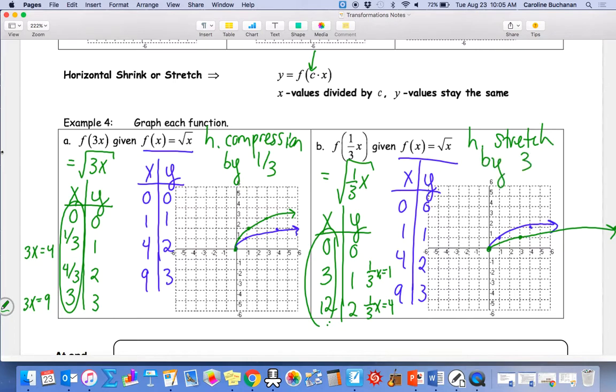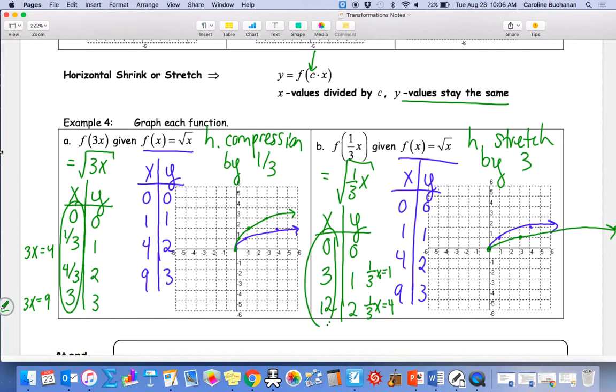In order to get those same y values, we had to triple our x values to balance that 1/3. So pretty much what's happening is the number that's being multiplied by x is what the x values are being divided by. Or in other words, the horizontal stretches and compressions kind of feel backwards to what you see. But as we saw mathematically, it really does make sense.